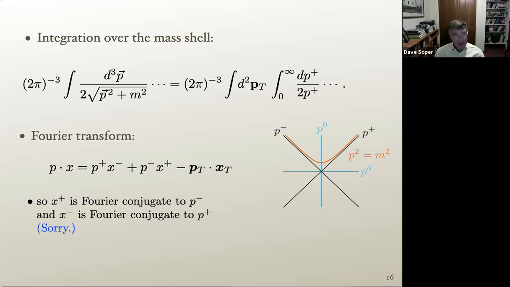The other thing you need to know about this is how about if there's an x? So if I'm doing a Fourier transform, the exponential of e to the i p dot x integrated over p. Well, what is p dot x? It's p plus times x minus plus p minus times x plus minus p transverse dot x transverse.